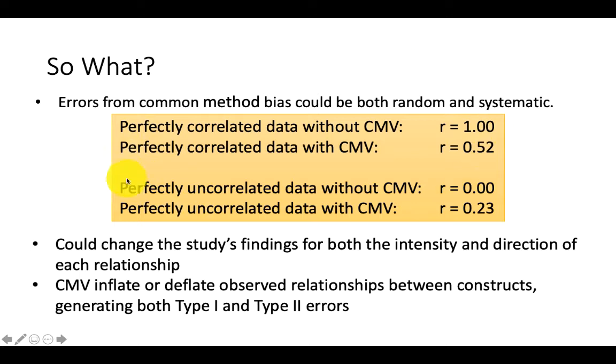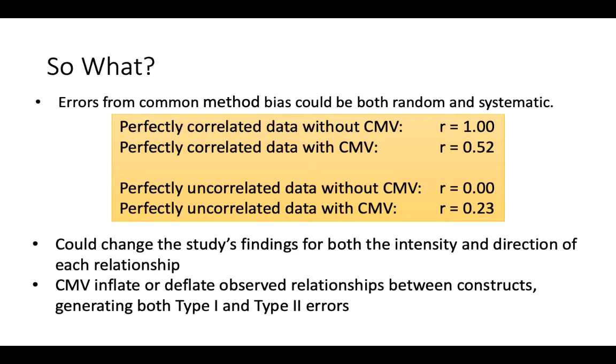The error can manifest like this: when the data is perfectly correlated without biases or variances, you're going to get your R equals 1. But with the existence of common method variances, your data will only say 0.52.